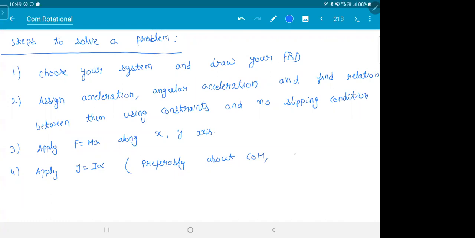So either take torque about the center of mass or a fixed point like a hinge. Fifth one, solve the equations. Put it down.